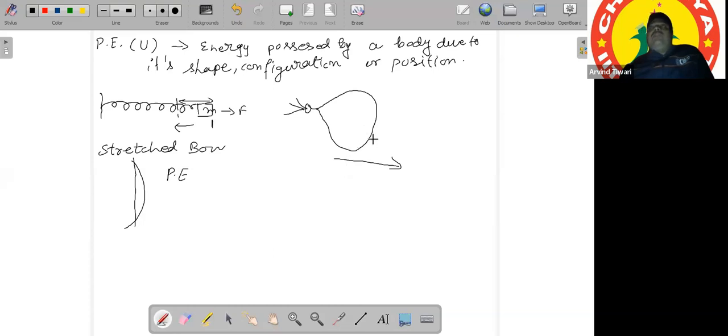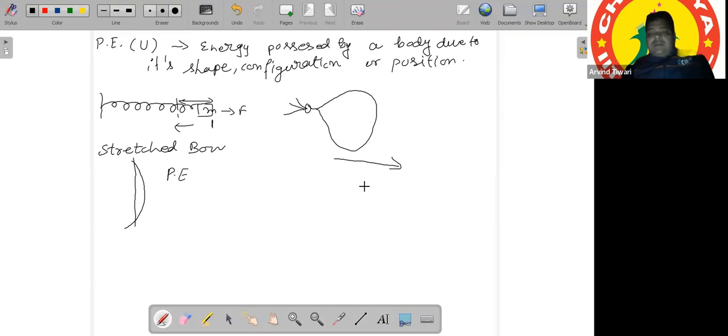So the balloon is making some displacement. There is some work done by the balloon. That work done is also due to the potential energy of the balloon, which was again due to the change of shape of the balloon, right? I hope you have understood all these cases where there is a change of shape.